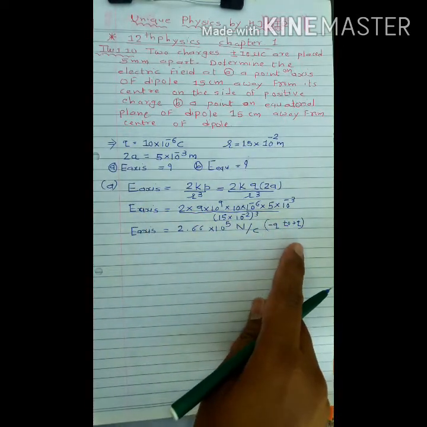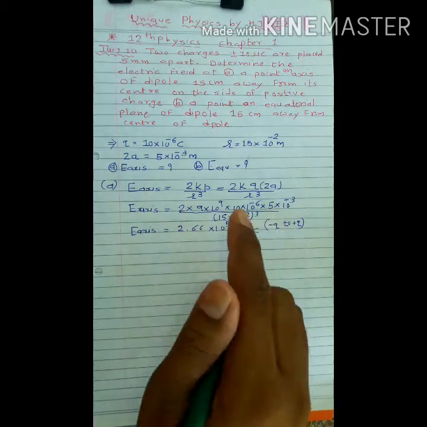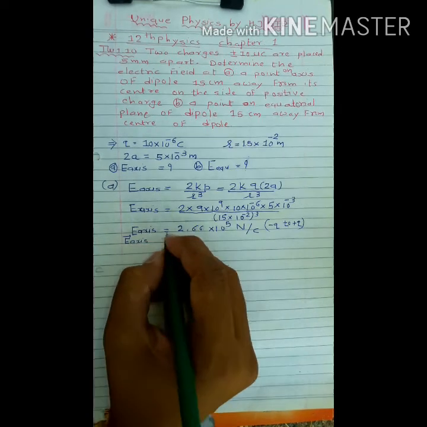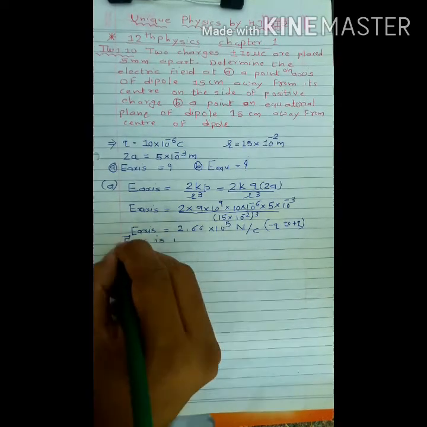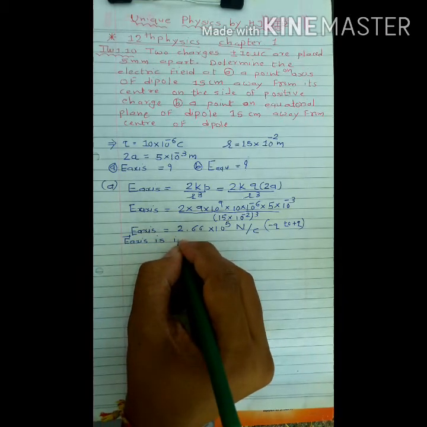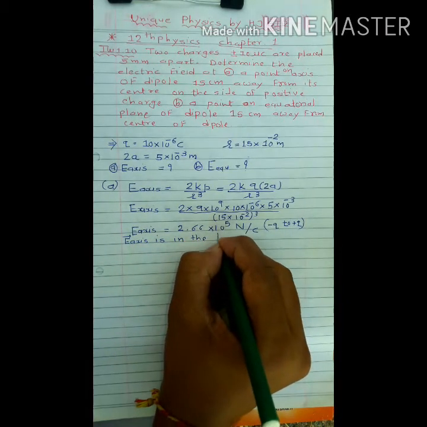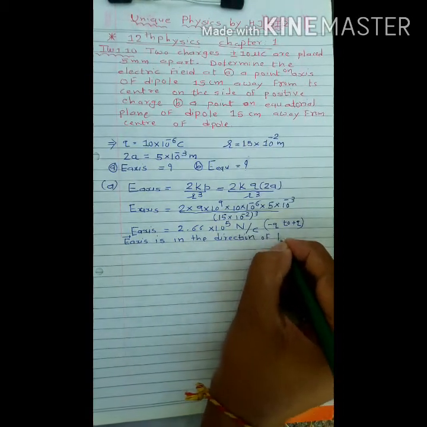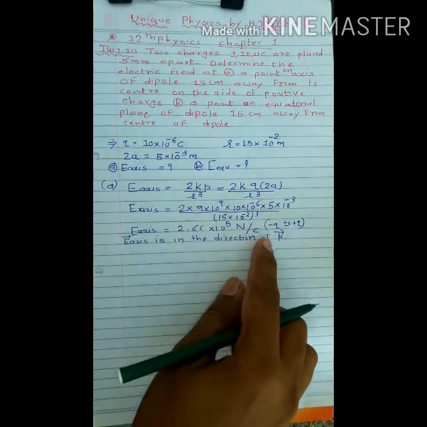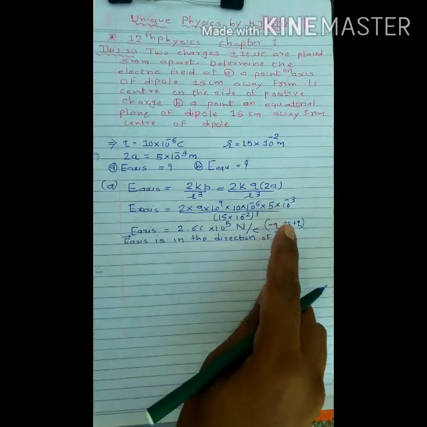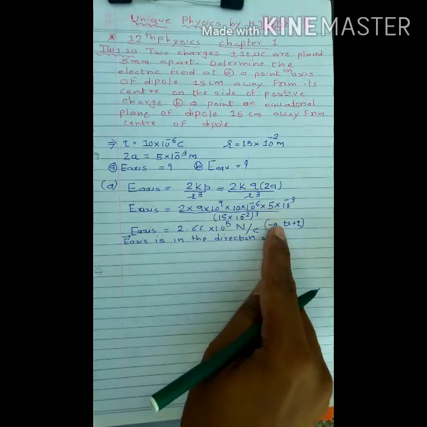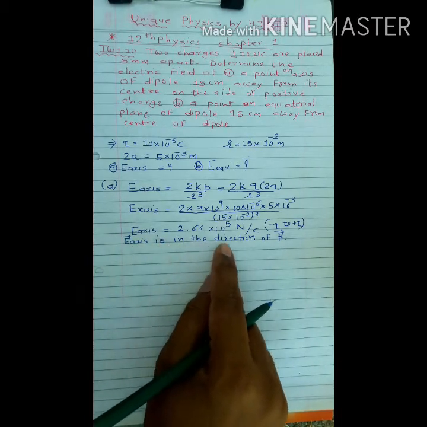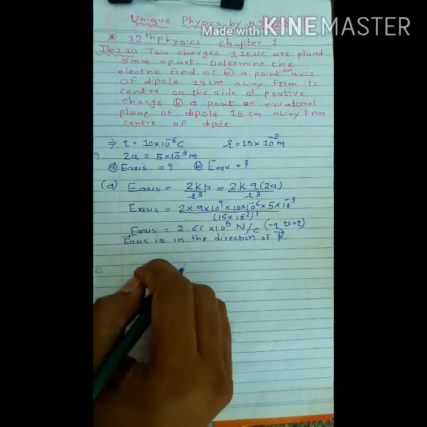This means the direction of the axial electric field, vector E axis, is in the direction of the dipole moment vector p, because the direction of the axial electric field is from minus q to plus q charge, and this is nothing but the direction of the electric dipole moment. So vector E axis is in the direction of vector p. So this is our first point.